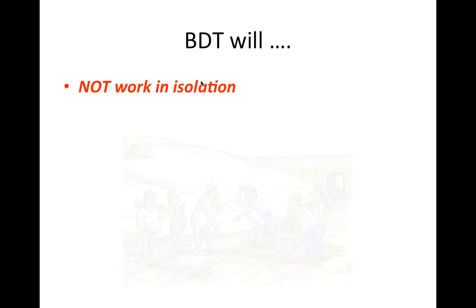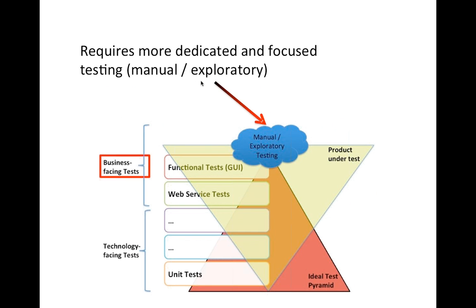This is the most important thing, that BDT will not work in isolation. It has to be a teamwork, and the team includes all testers across different locations and teams that you're working with. It includes the developers, BAs, product owners, everyone to really come together to say what is the approach that we want for testing for this product.